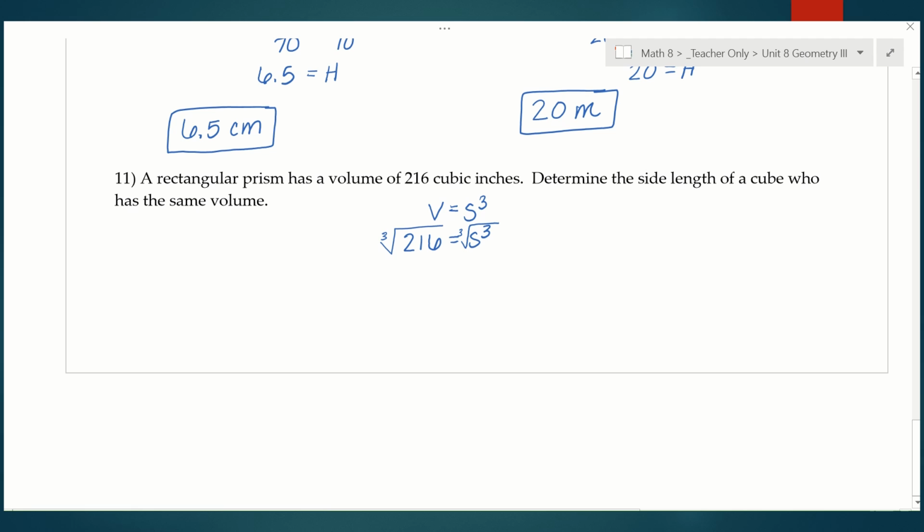Okay, so in your calculator, normally to find the square root, we press the second or the control and then x squared. To find anything other than a square root, there is a button right above that, and on that button, there's a symbol that looks like that. And so you're going to press the control or second key and then that button. And what will happen is you're going to see this exact thing pop up on your screen.